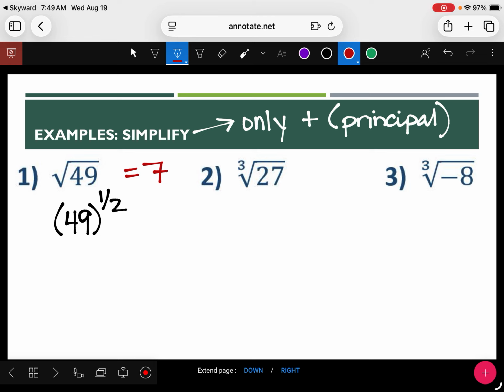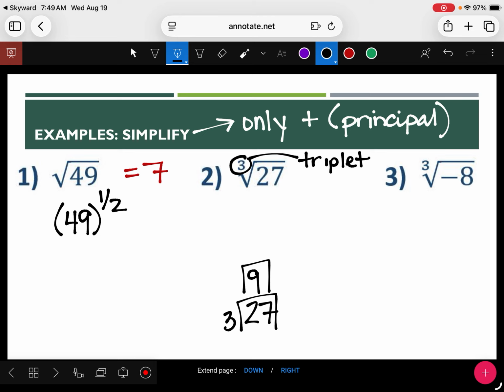Now, if there's a 3, that means I'm not looking for 2, I'm looking for a triplet. So if I were to build a cake with 27, and I divide it by 3, I'm not looking for a set of twins anymore, because there's not a 2 in the elbow, there is a 3.